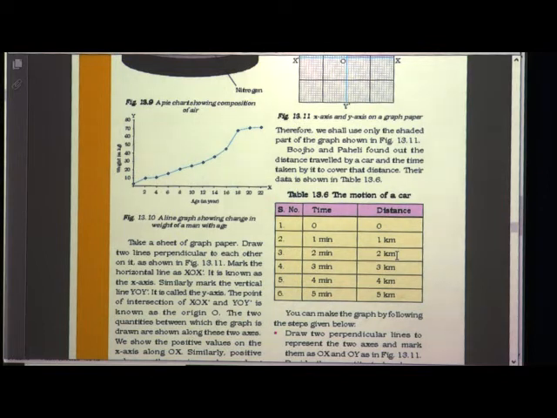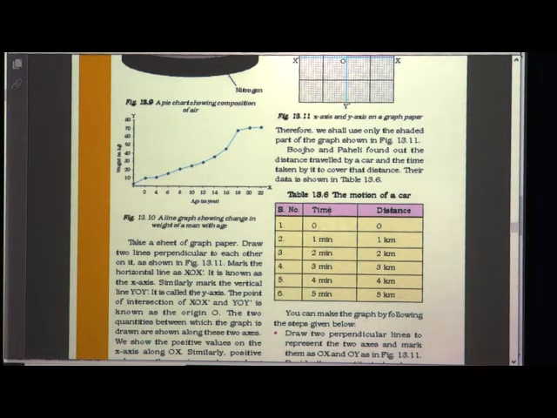So, how will you take them? You only have to imagine that you are going somewhere, and then you mention these time and distance durations. Okay. So, you have to take readings that show non-uniform motion.